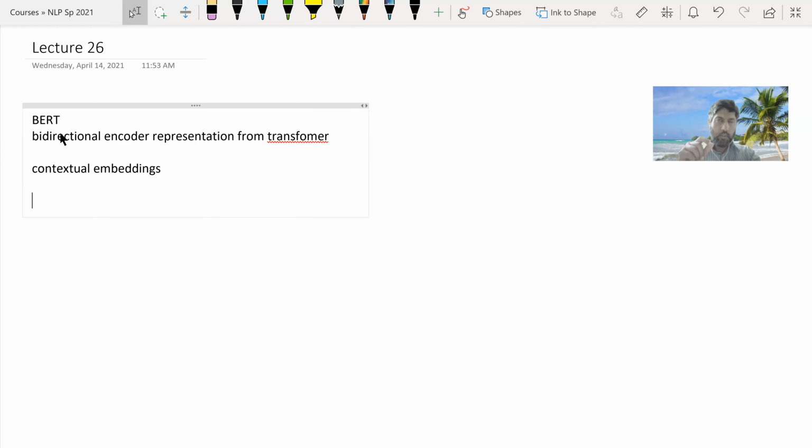But now, once you have trained the model on some data set, when you're applying that model, you are giving a new sentence to it. So that new sentence with all the words in it would also generate embeddings. So those embeddings would then be contextual embeddings because they are based on the new sentence or new running text that you have given to the model. So these, as such, are called contextual embeddings as opposed to the fixed embeddings that we had previously from word-to-vec.